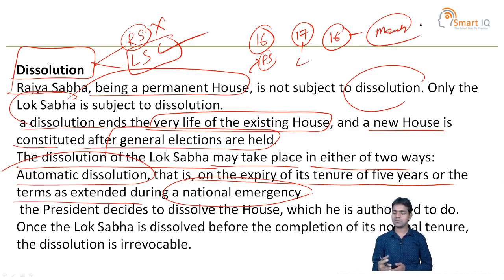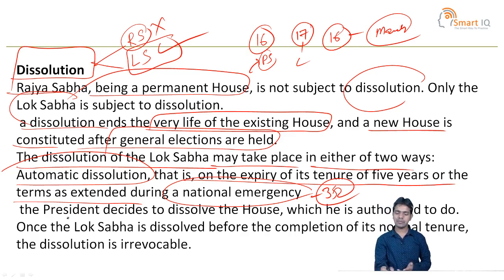Sometimes the term is extended during a national emergency under Article 352. Whenever a national emergency is in force, the extension of the Lok Sabha's period means no dissolution takes place.